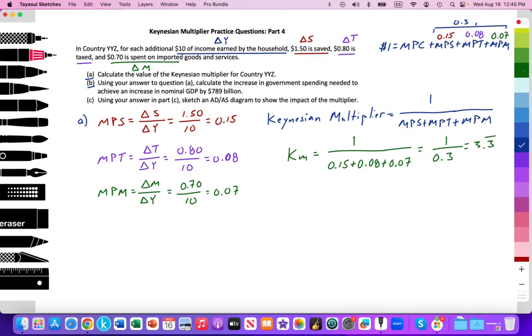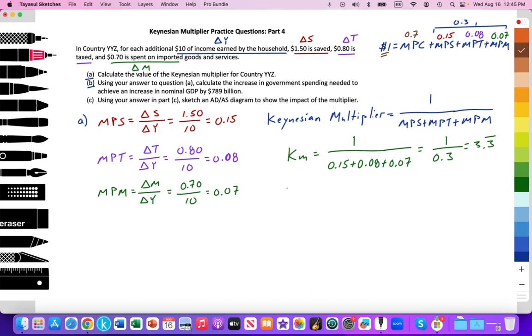So the marginal propensity to consume will be what's left over, 0.7. So here we can see for every additional dollar earned, 70 cents is spent on goods and services, 15 cents is saved on average by the average person, 8 cents is taxed, 7 cents is spent on imported goods and services. That's the idea here of what this one represents.